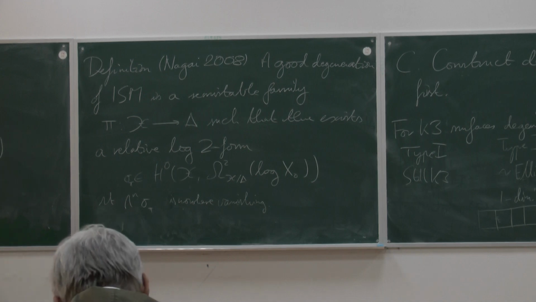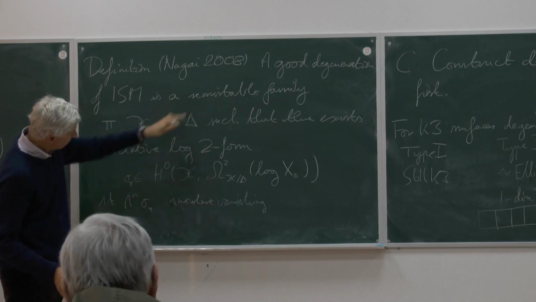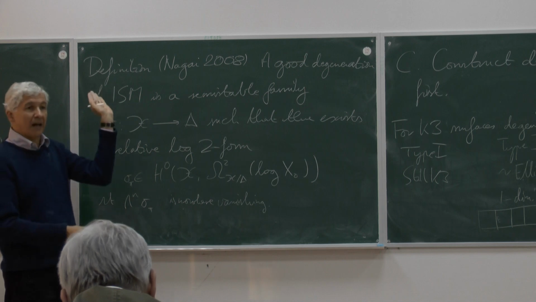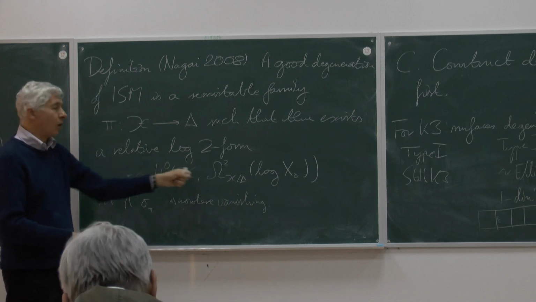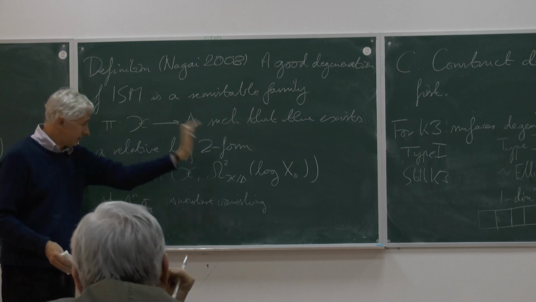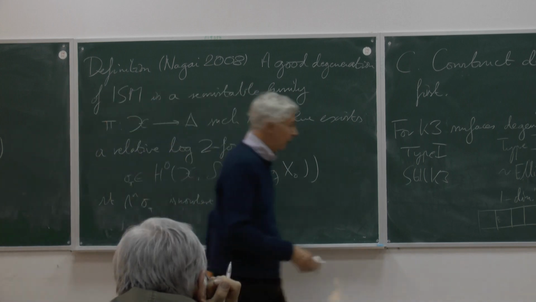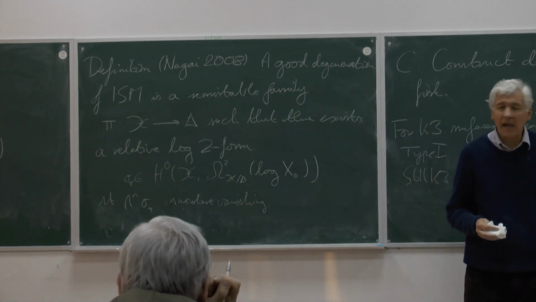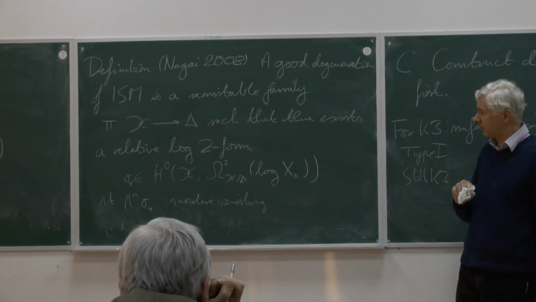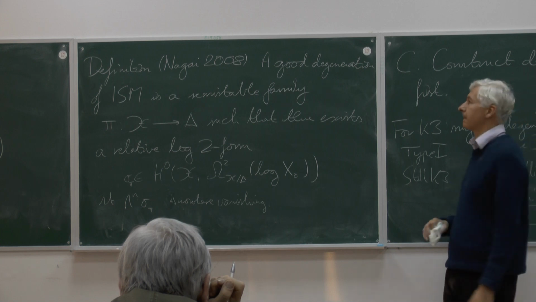So this is essentially saying that you've got a family over a disk, and you've got some global object upstairs, which accounts for the two-forms on the fibres, but it's global. It extends in a reasonably sensible way over the central fibre as well. Sorry, n is the dimension; the half dimension, so the dimension is 2n. Yes.